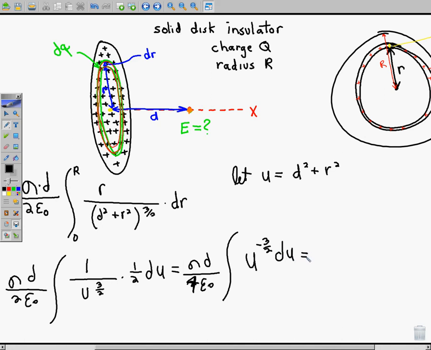That is going to equal sigma d over 4 epsilon 0 times u to the negative 1/2 times 2.